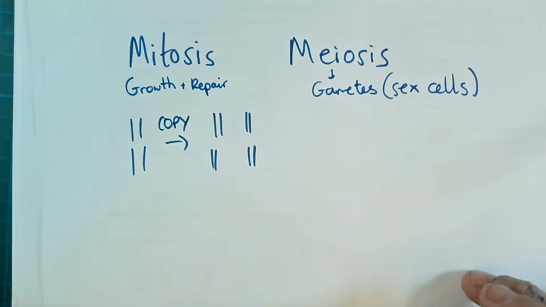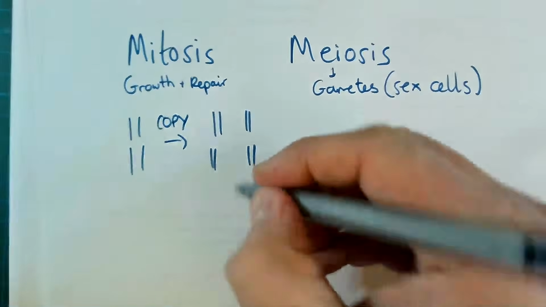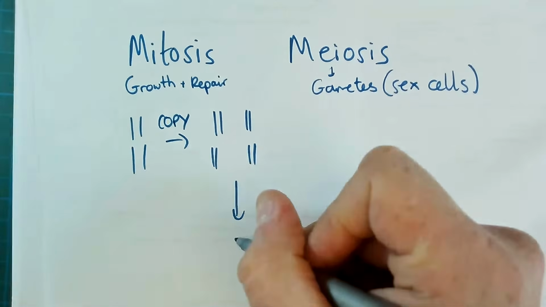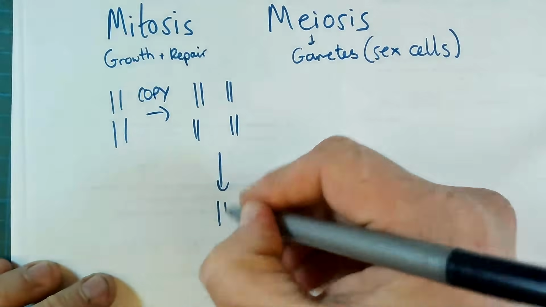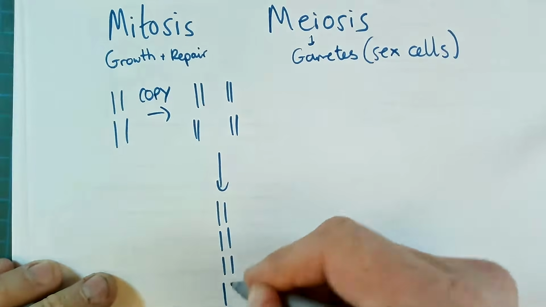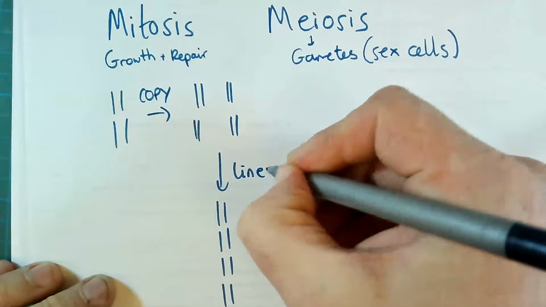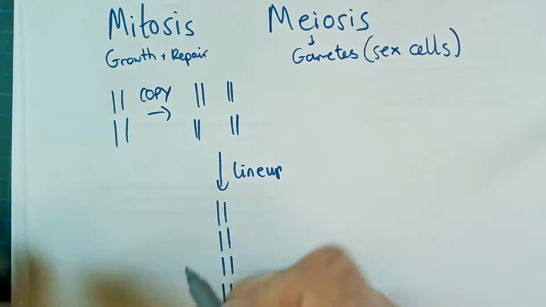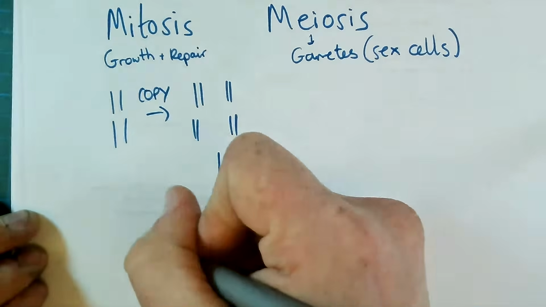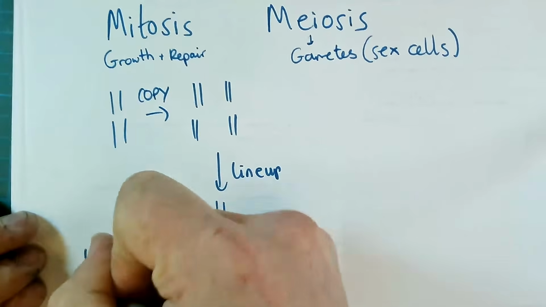Because I want to make sure I do it properly, I want to sort it out into two piles really nice and neatly. So I'm going to line it all up, in my two piles, ready to go. And I'm going to check each one. And when I'm happy, I'm going to split.